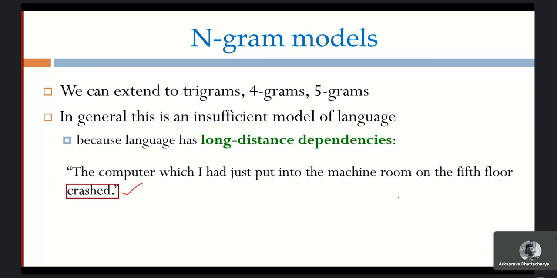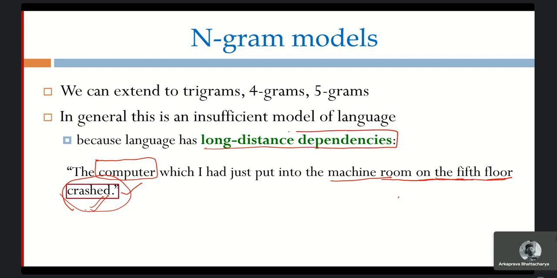If I consider the previous word floor, it will not give me crashed. Fifth floor will not give it, nor will on the fifth floor, room on the fifth floor, or machine room on the fifth floor. The answer lies somewhere earlier, at computer, from which I can predict crashed. This is what we call long distance dependencies.